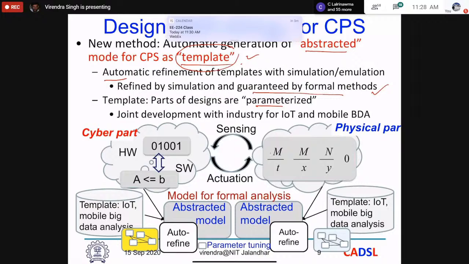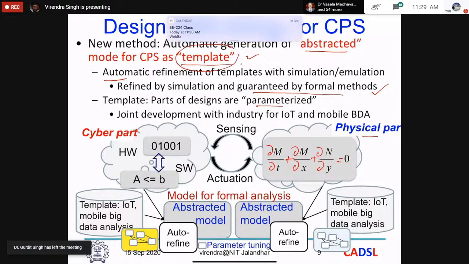So this is del m by del t plus del m by del x plus del n by del y equals 0. This is the expression that I can define, which gives the behavior of the physical system.